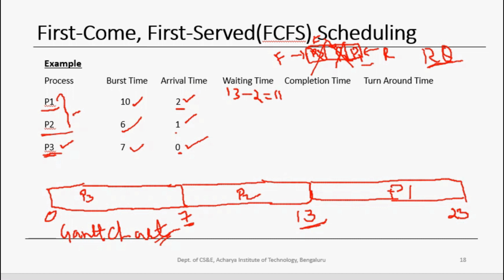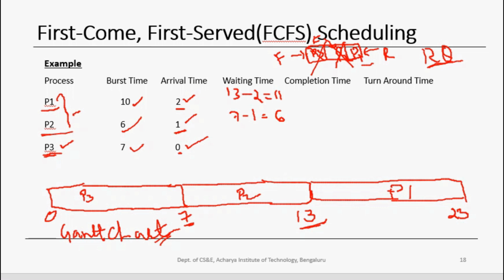What is the waiting time of P2? P2 arrives into the ready queue at time t is equal to 1 and gets CPU at what time? 7. So therefore it is equal to 7 minus 1, that is 6 time units.